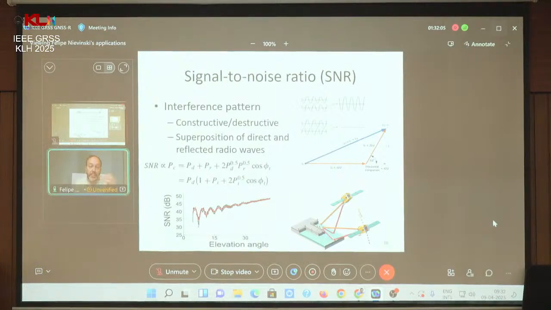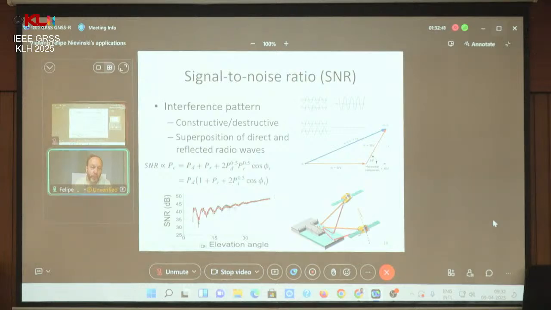And again, as the satellite rises, the phase difference between the reflected and the direct wave will change by many multiples of a wavelength, and you get an interference pattern. That's what we show in this plot on the bottom. We have a trend. This trend is basically the antenna gain pattern.